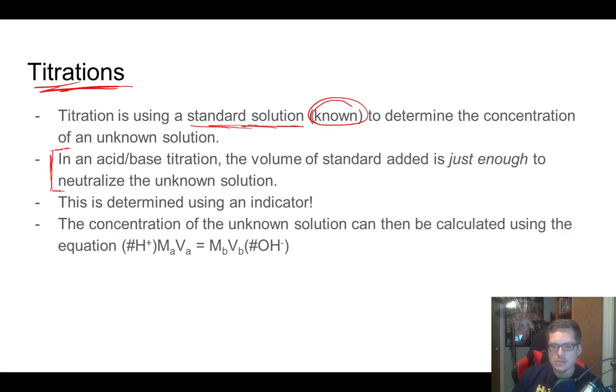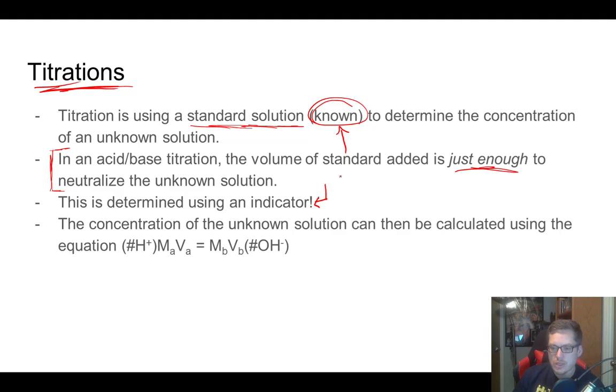All right, and so in acid-base titrations, what we're going to do is take a volume of standard, that's our known solution, and we're adding just enough of that to neutralize the unknown solution. Now, how do we know if it's neutralized? Well, we're going to use an indicator.